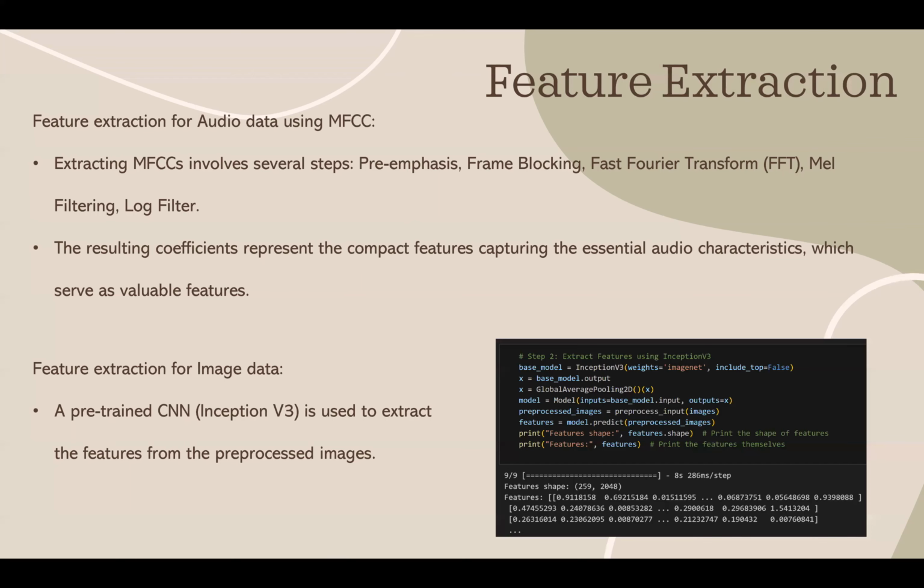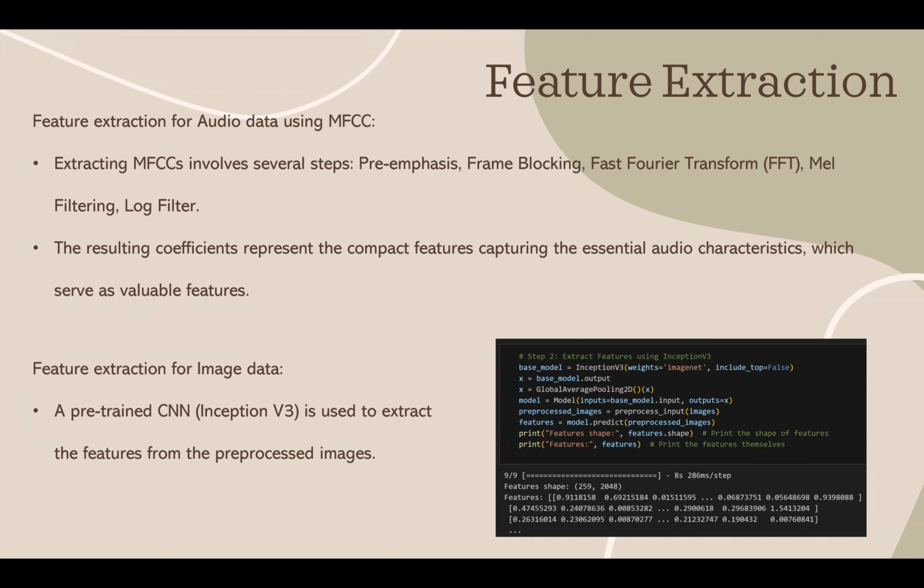Moving on to the next slide. For the feature extraction of audio data sets, the features are extracted using MFCCs, which are mel frequency cepstral coefficients. These are compact features that capture the required characteristics of audio signals. The extraction of MFCCs involves various stages like pre-emphasis, frame blocking, fast Fourier transformation, followed by mel filtering and log filtering.